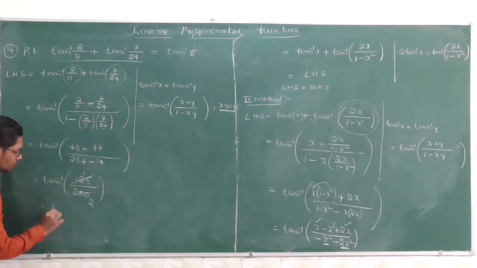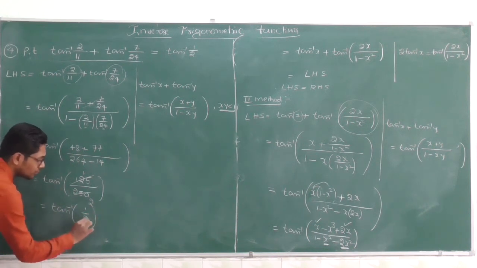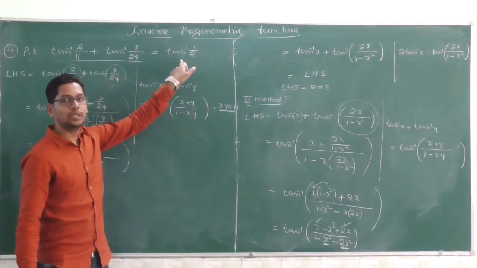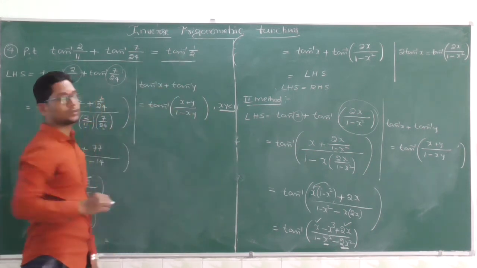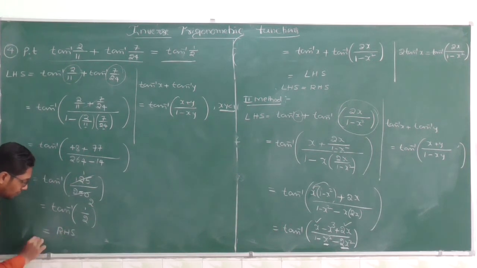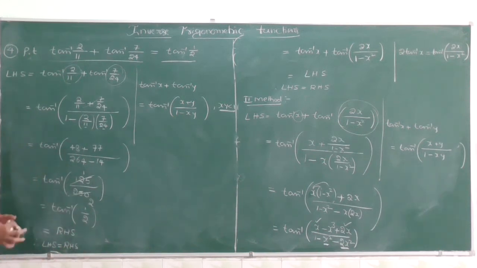That is equal to tan inverse of 1 by 2. See, finally we got the RHS form, tan inverse 1 by 2. Therefore, LHS equals RHS. Hence it is the proof.